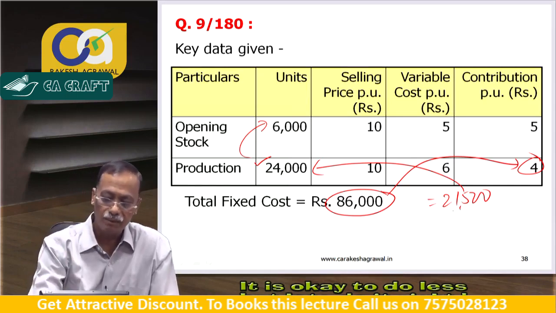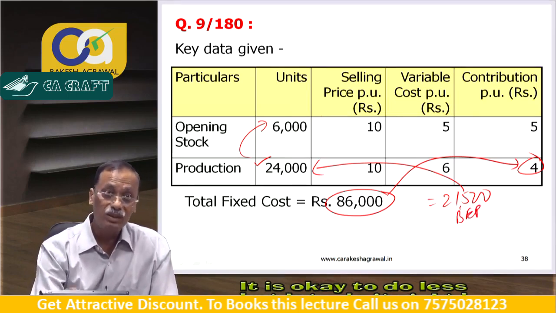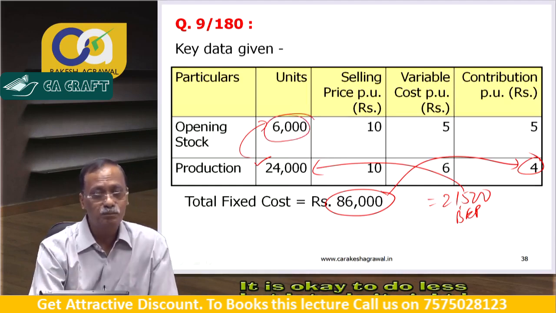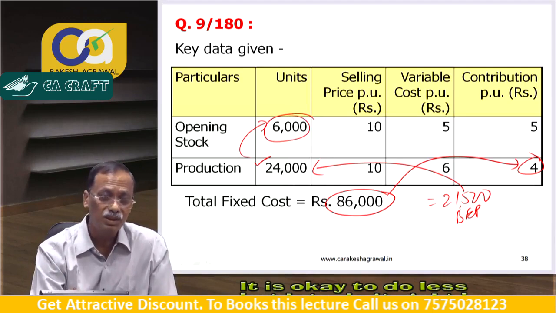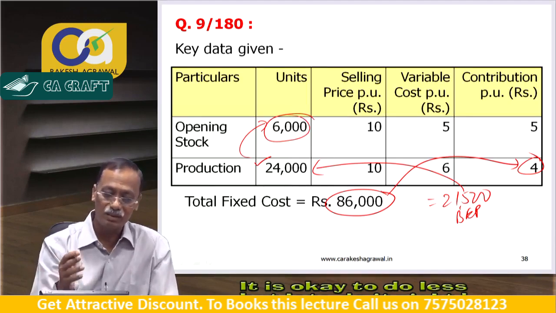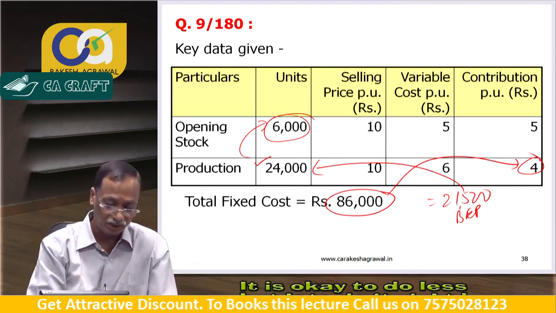So I got my BEP in first stroke. See, if this answer exceeds 24,000 units, then to earn balance contribution, I have to sell these units, opening stock. Only if my current production units are insufficient, then I have to touch opening stock, otherwise not. So in one stroke I will get BEP, that is just 86,000 divided by 4. That is last in first out, LIFO method.